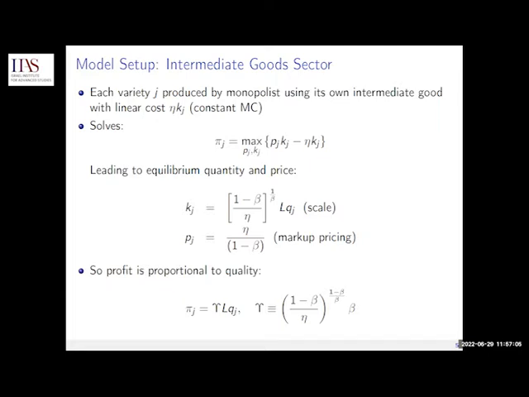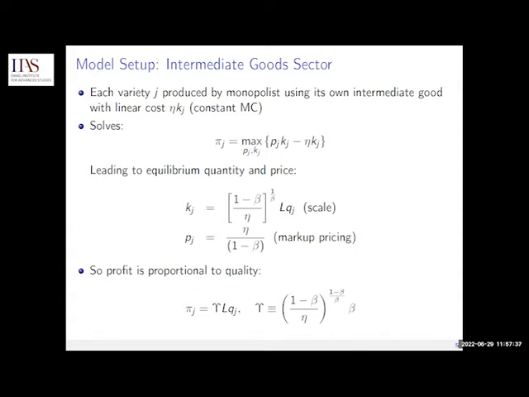So the equilibrium on the intermediate good side is going to lead to a scale equation that's going to link how much of the intermediate good is produced as a function of the quality of that intermediate good. And then there's going to be the standard monopoly markup pricing, where eta is a marginal cost. And remember, beta is playing this multiple role here.